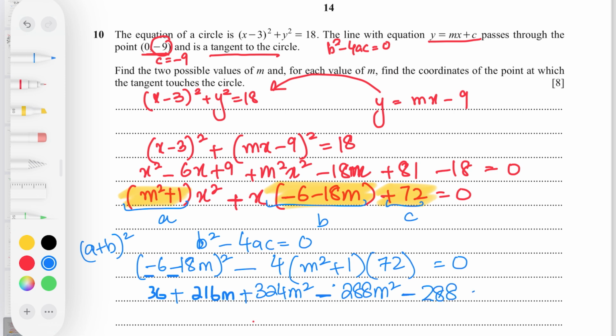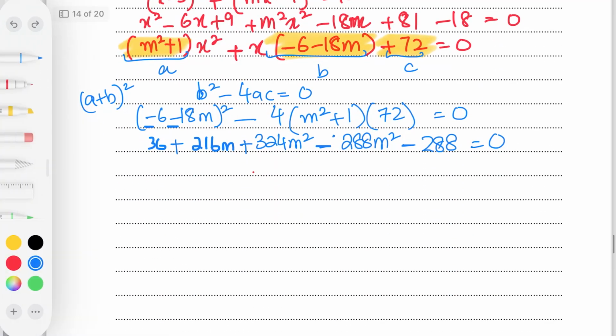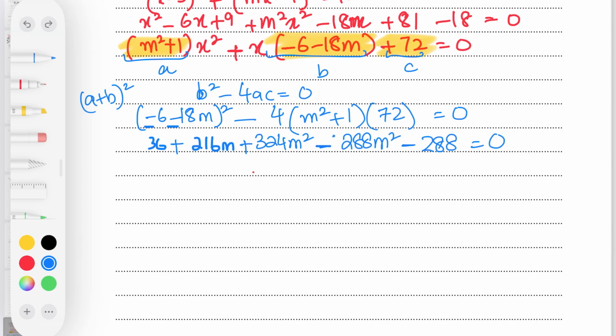Minus, okay, now let's solve it. 324 minus 288 gives you 36. 216m. 36 minus 288 gives you minus 252. Let's find out the value of m. The value of m is 1 and the value of m is minus 7.